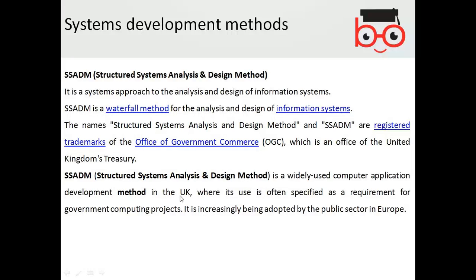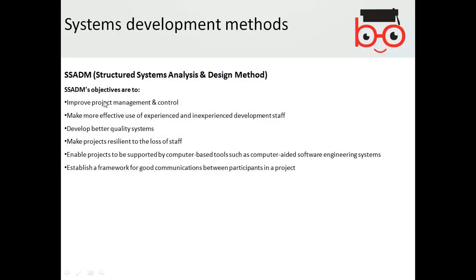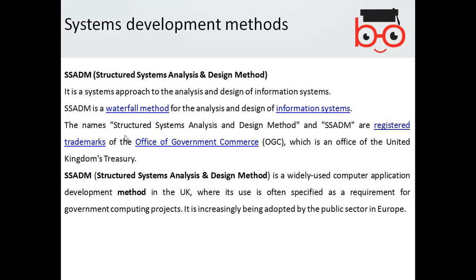It is mostly used in the UK, and it is also going to be adopted in Europe. How it works, there are certain steps, certain objectives. It improves project management and control, makes more effective use of experienced and inexperienced development staff, and develops better quality systems. So SSADM may be one of the approaches adopted in the software industry within the UK.